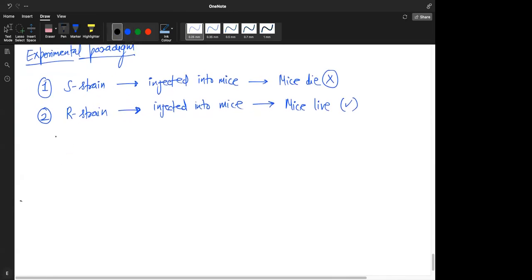Now, the third thing that he did was, he thought, let me heat kill the S strain. So he used the S strain. You know what heat killing is? Heat killing is when you boil or heat the bacteria so they die or become inactive. That's why we are told to boil and cool the water before drinking, especially those who are ill or low on immunity or newborn babies.